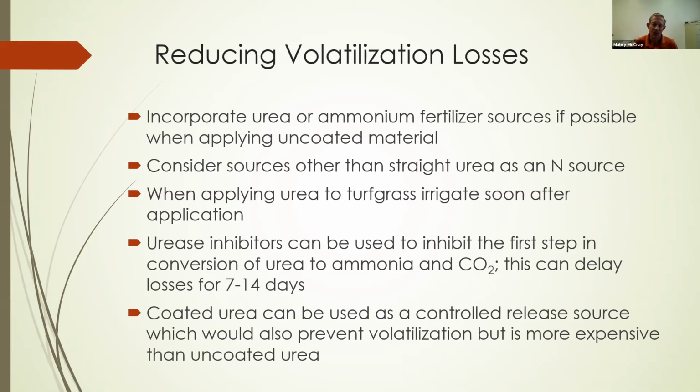So it's a fairly short-term effect. During that time, you would need to either get rain or irrigation or incorporation to keep from having the losses. Coated urea can also be used as a control release source, which prevents volatilization, but it's of course more expensive than uncoated urea.